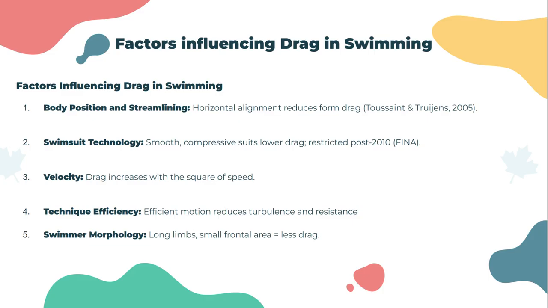Velocity: higher speeds lead to significantly higher drag. Technique: proper stroke mechanics and streamlined movements reduce turbulence and resistance. Morphology: long limbs and lean bodies naturally reduce drag. Each of these elements is something athletes and coaches can focus on in training and preparation.